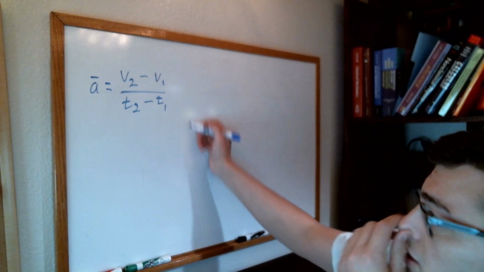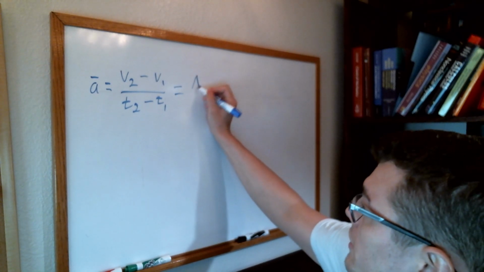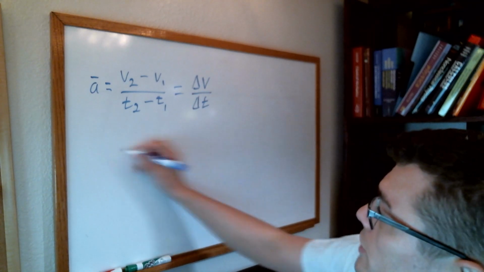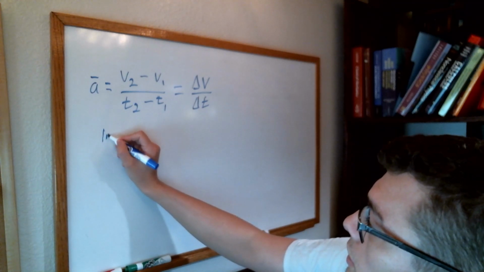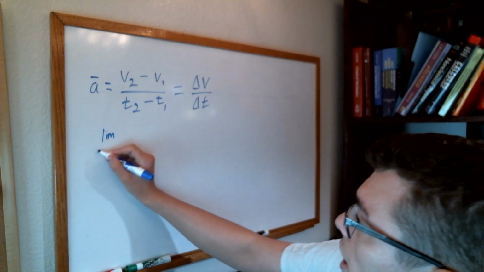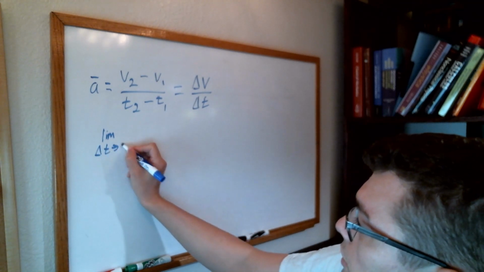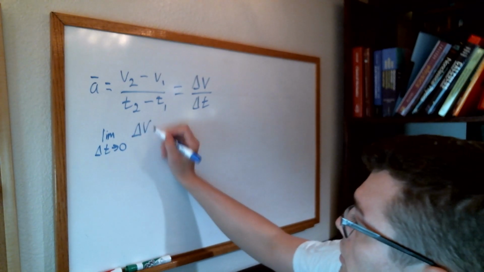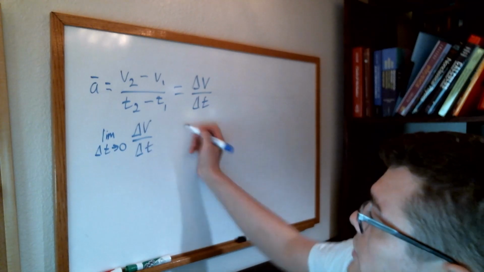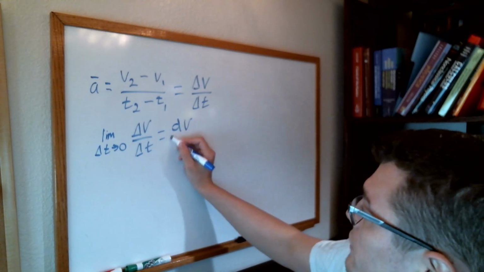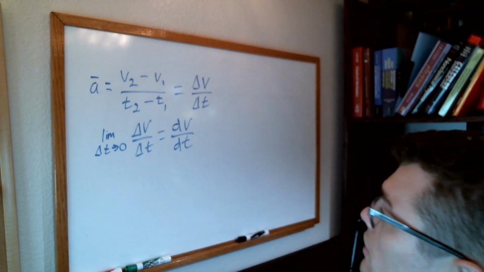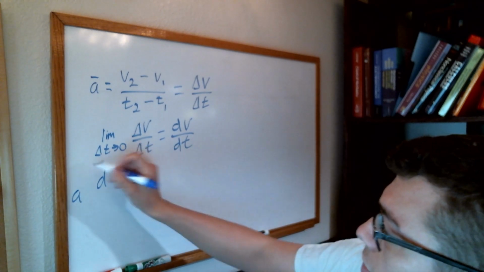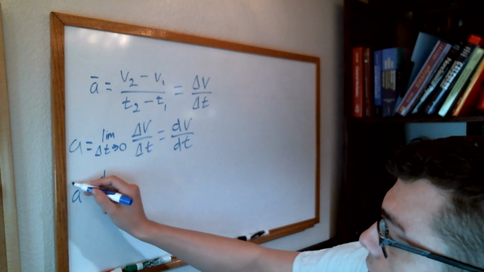It's the same thing, which can also be rewritten as delta v over delta t, which, if you take the limit as delta t goes to 0, is now just dv dt. Oh, this is for finding instantaneous acceleration, by the way.